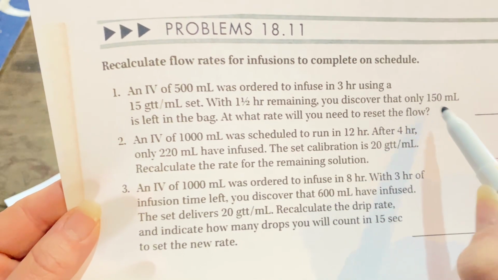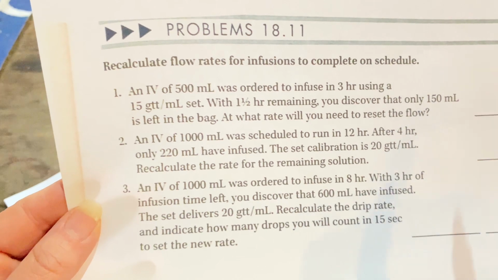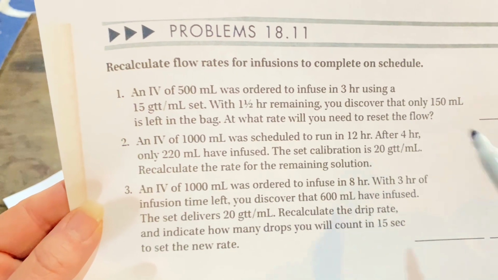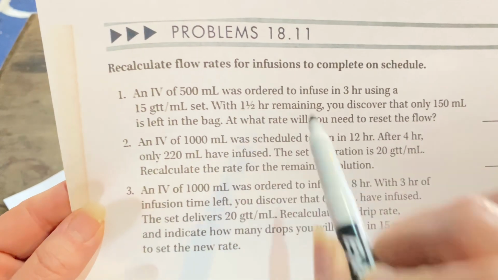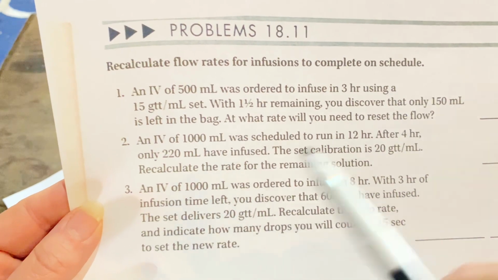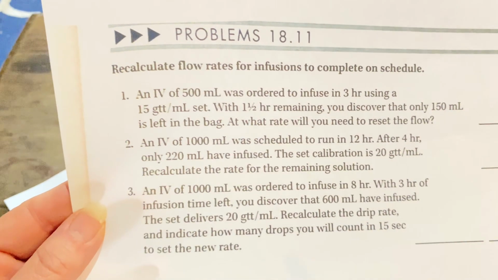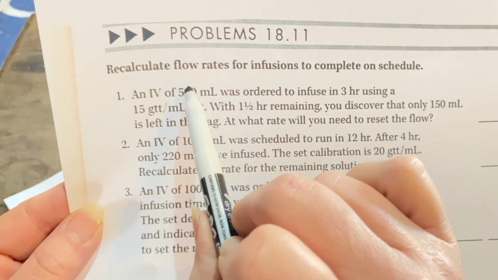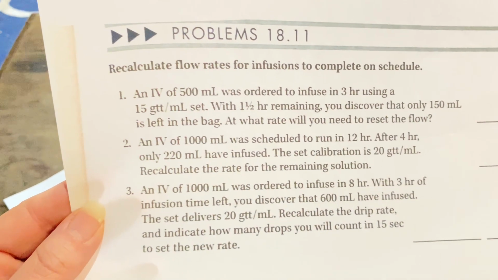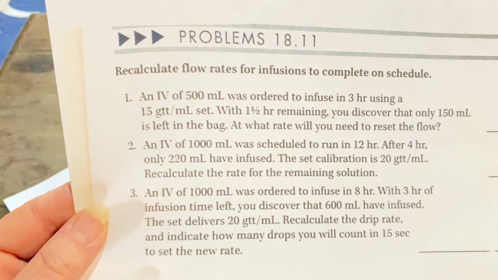So this is telling you that there is 150 milliliters left in the bag. It's telling you that we have 1.5 hours remaining and that we're using a 15 drop factor. These 2 numbers right here are distractors.